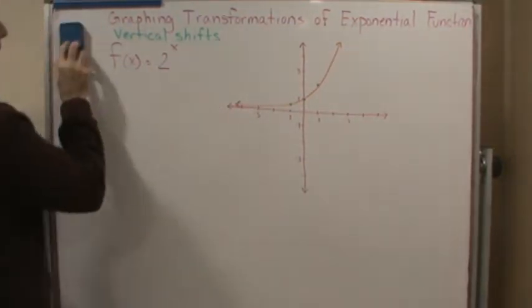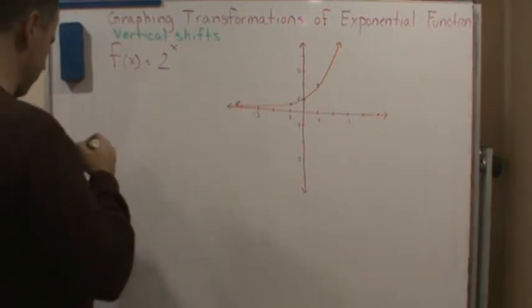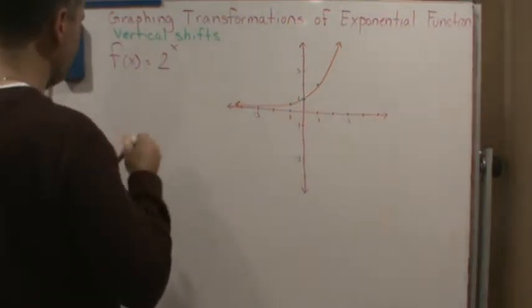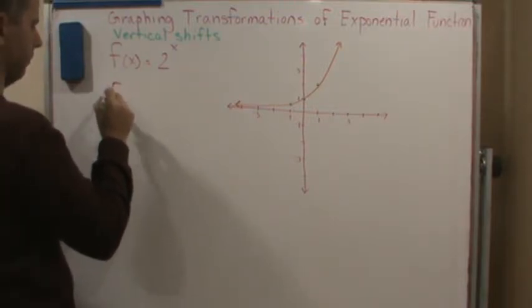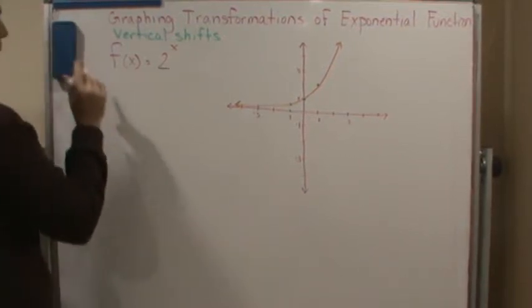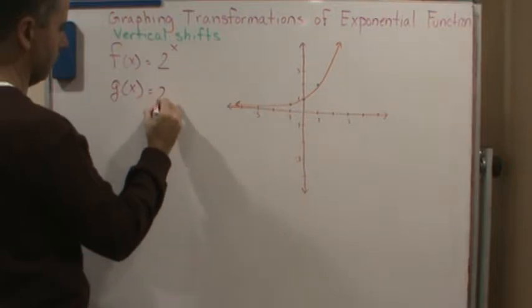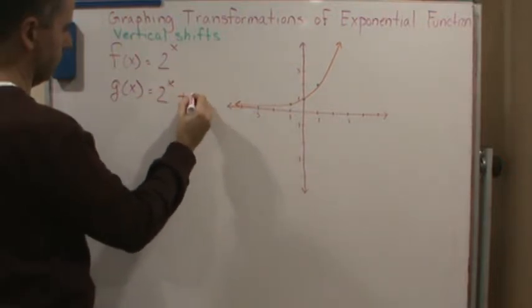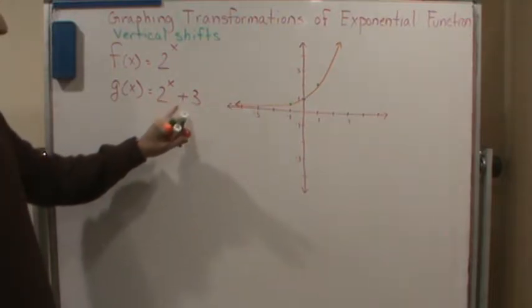So how do we graph that sort of transformation? Let's take an example. Let's look at g of x, and in this case we're going to do 2 to the x plus 3.